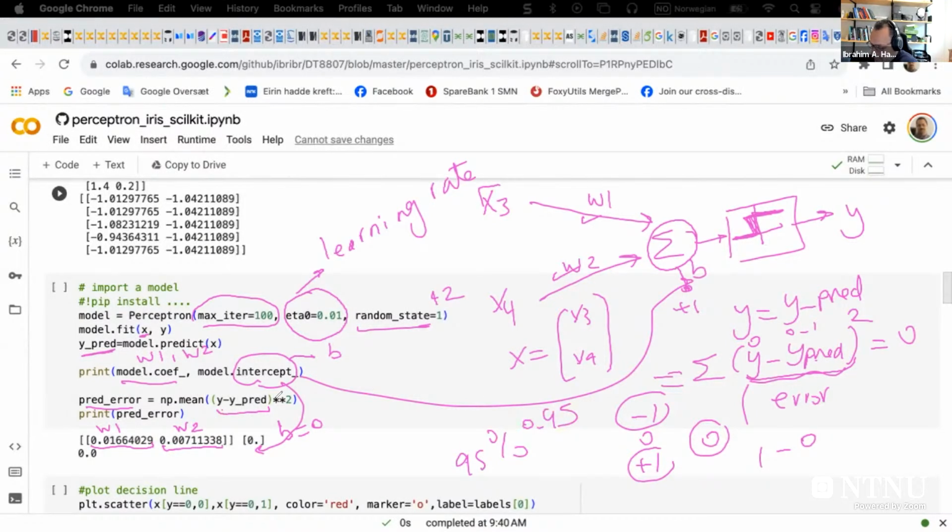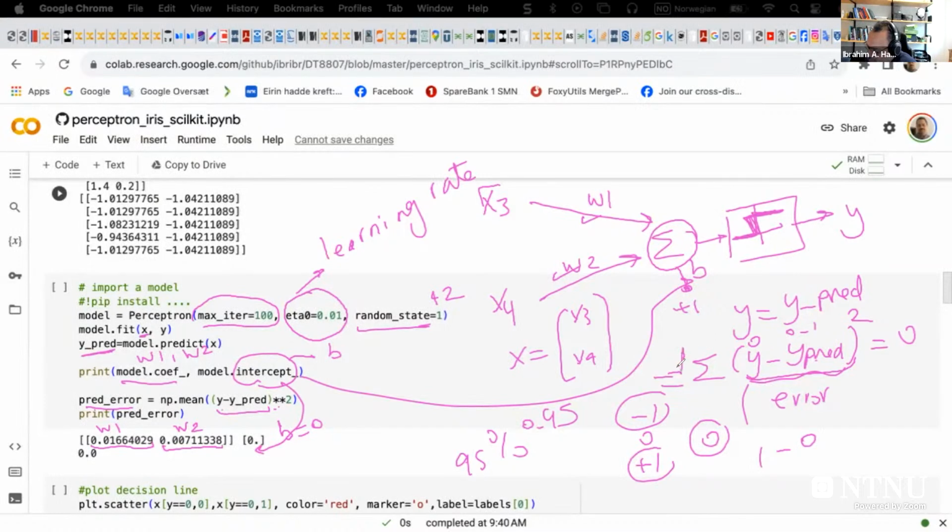Otherwise, you will get misleading values, because maybe negative values will cancel positive values. You will get a nice number, which is 0, but this is not reflecting the reality. Maybe the model is not as good as it seems from this. So to avoid this problem, we need to square y minus y predict. After calculating it, we need to divide it by n, the number of my data points.